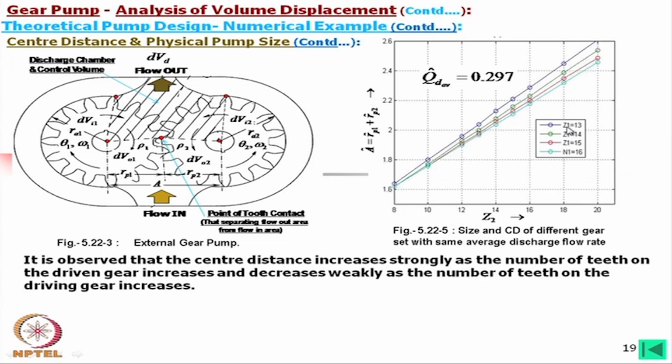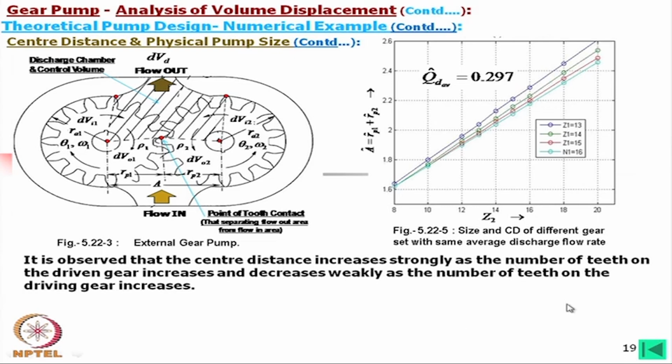But on the other hand, when we increase the driving gear from 13 to 16, then for a given number of driven gear teeth, this variation is not much. Whereas if we change the driven gear, then there will be a lot of change. So, from there we can have some assessment of what pair we should select for the pump.